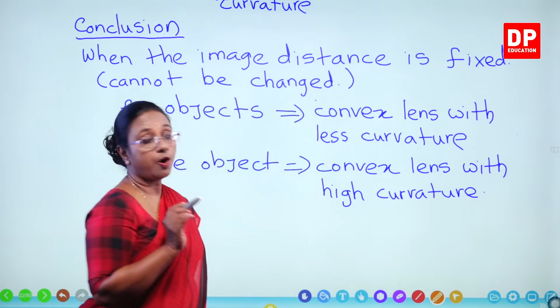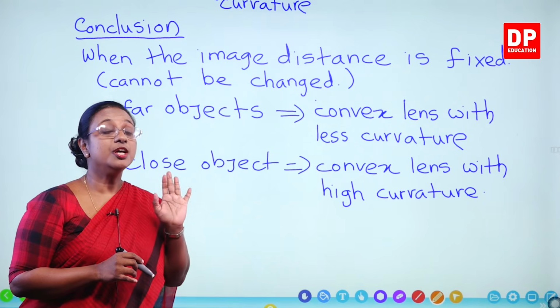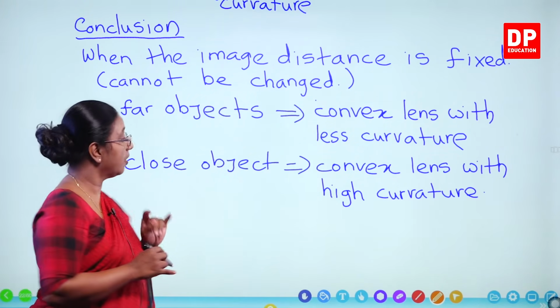So that was the observation. So from that, what can we conclude? We need to change the curvature of the lens depending on the distance of the object.